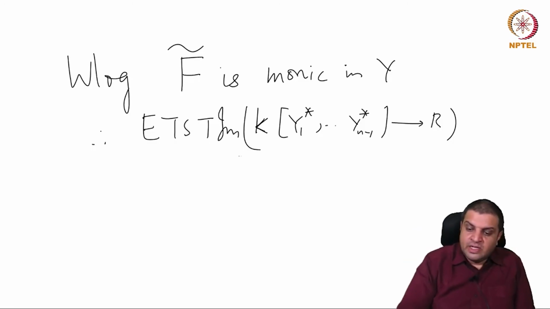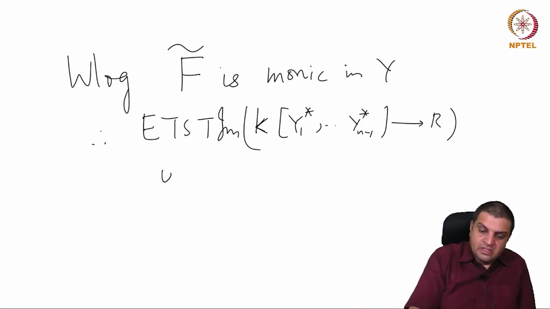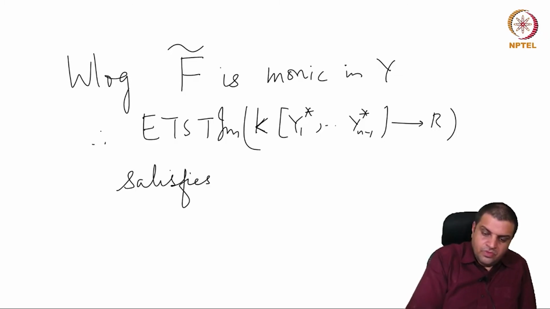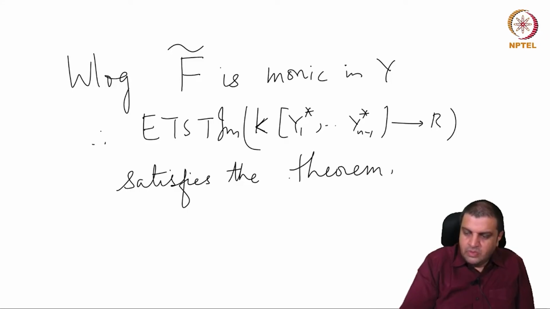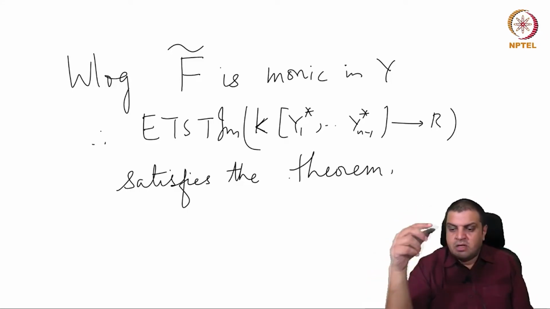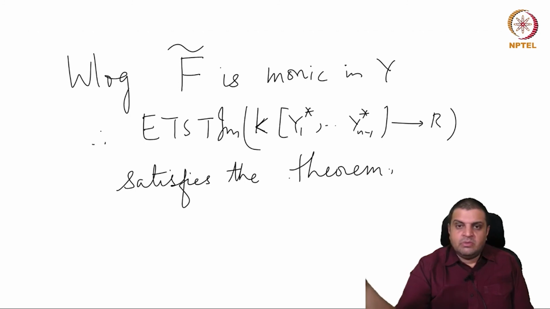It's enough to show that the image of this thing satisfies the theorem, the Noether normalization lemma, and now we can proceed by induction.